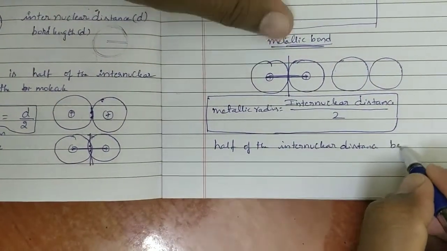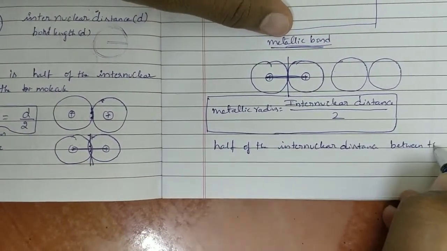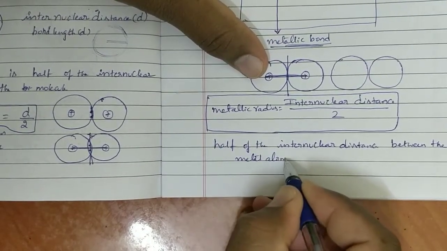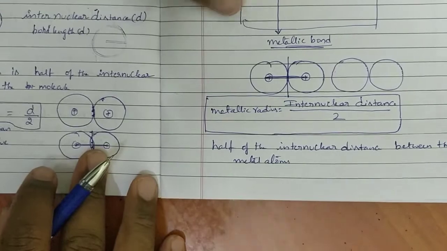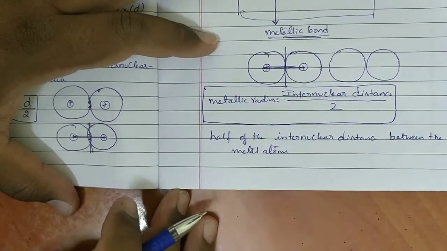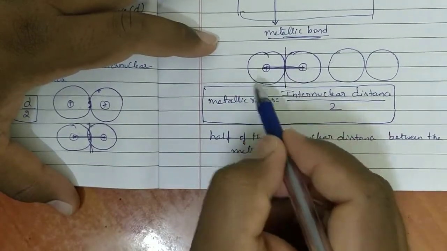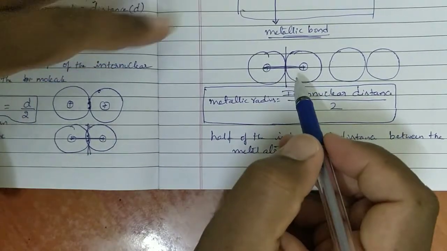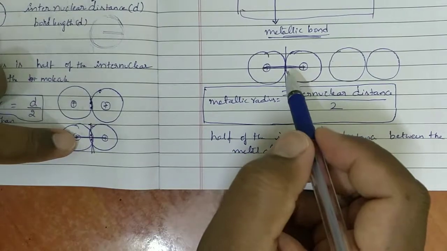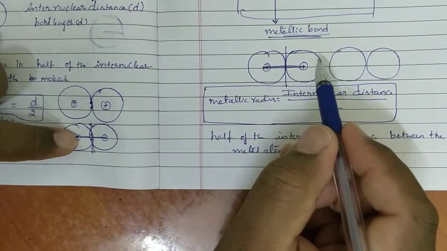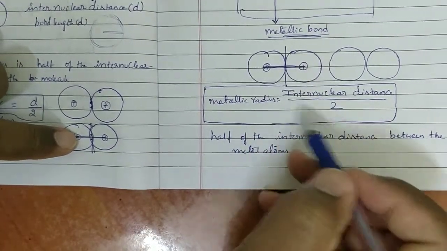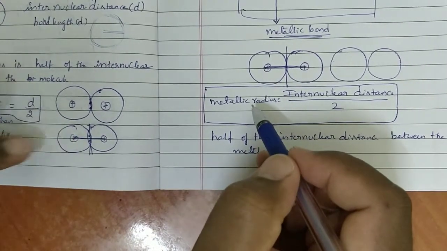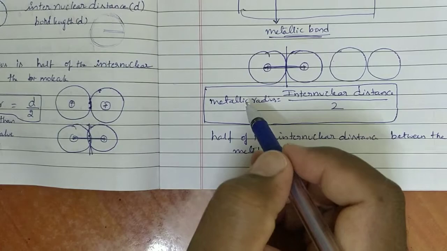But here these atoms are present with a weak metallic bond when compared to a covalent bond. So these are held loosely only. From this, if you get the value of the metallic radius, definitely that metallic radius is greater than the covalent radius.